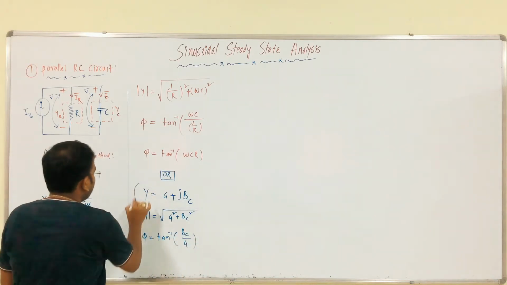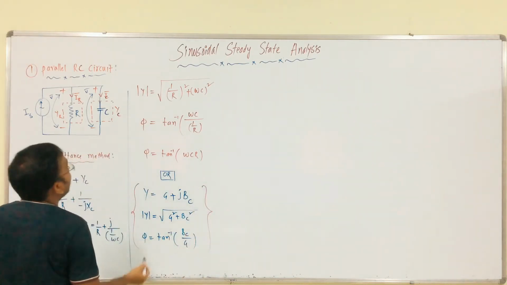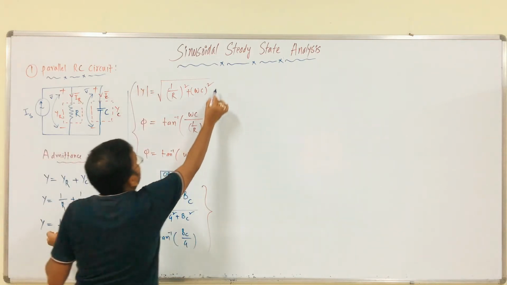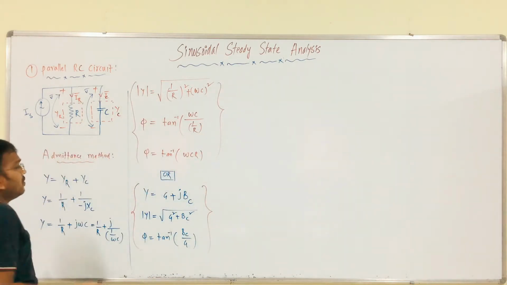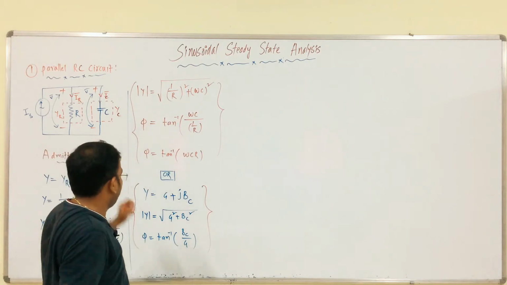So this is one set with respect to G and B, and this is another set with respect to the circuit.